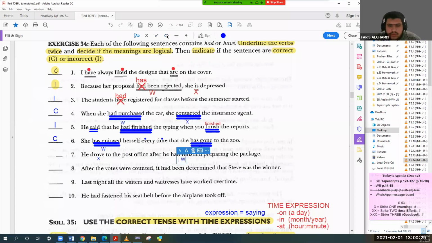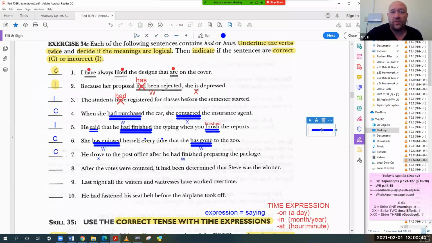Yes, it is correct. He drove to the post office after he had finished preparing the package. Yep, exactly. So we've got here had finished for W. And then drove is the X.